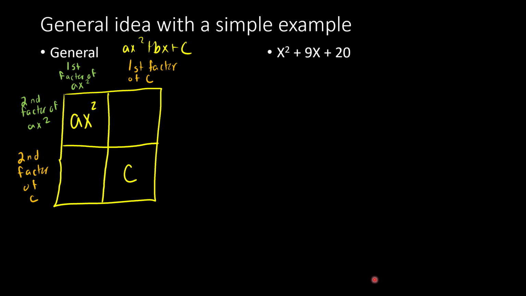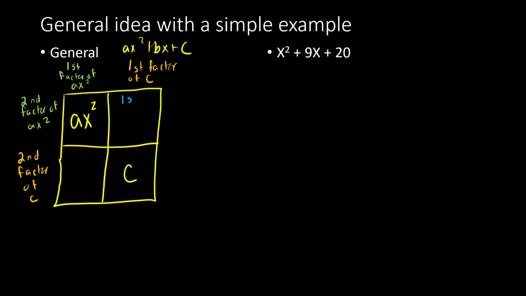Now, what that means is for our other two boxes, what you're going to be doing is multiplying one of the factors of the c with a factor of the ax squared to get what is in this box right here. And so I'm going to try to abbreviate this.